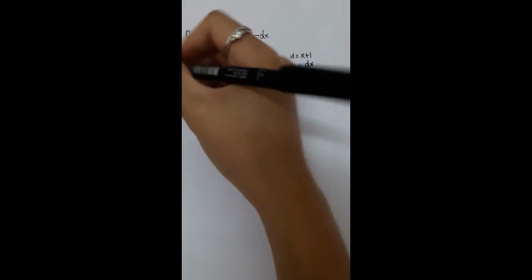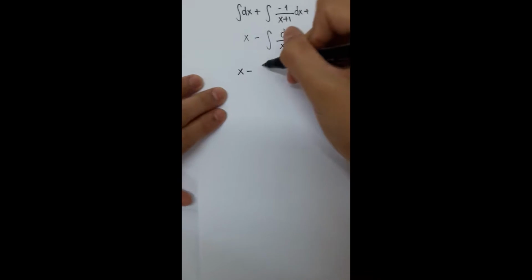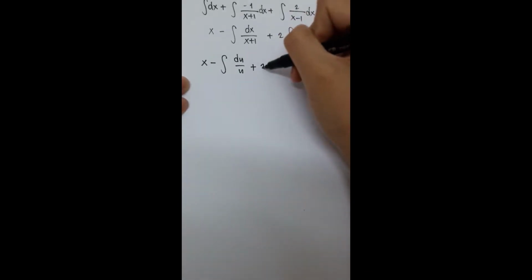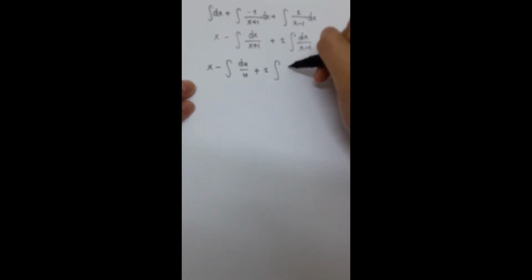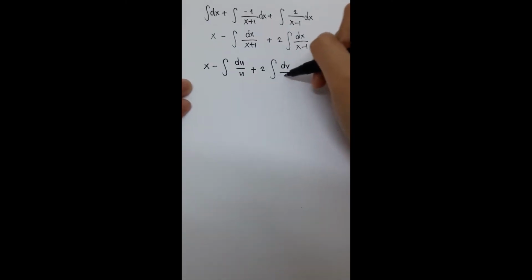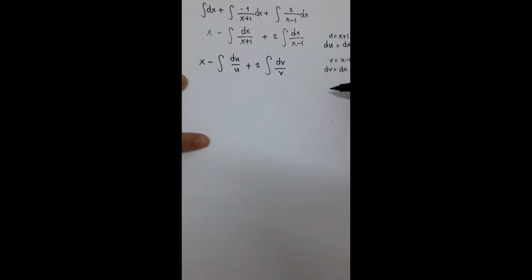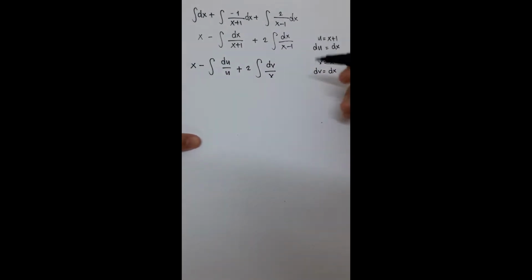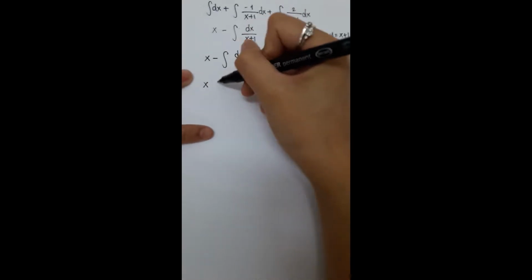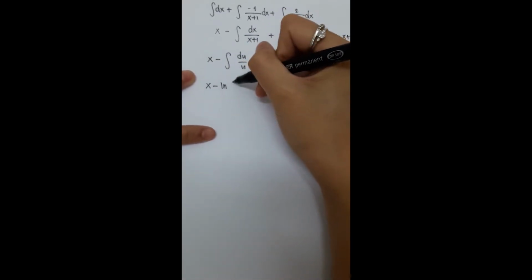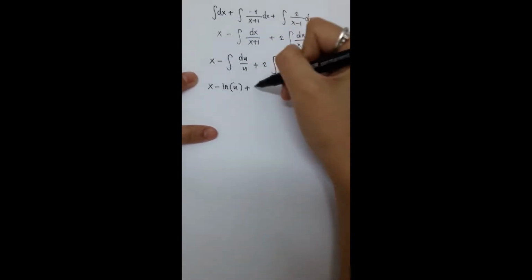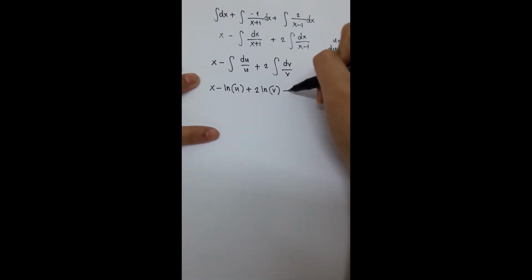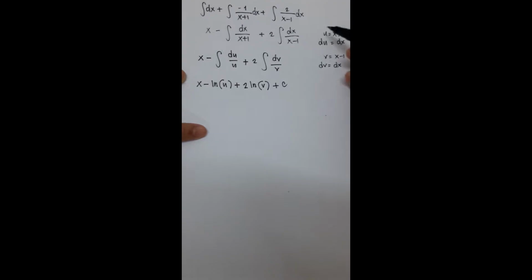Substituting these values to the expression, we will arrive with x minus the integration of du over u plus 2 times the integration of dv over v. We all know that the integration of du over u is equal to ln of u. So x minus ln of u plus 2 ln of v plus c.